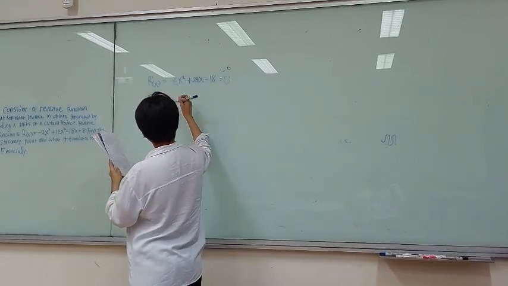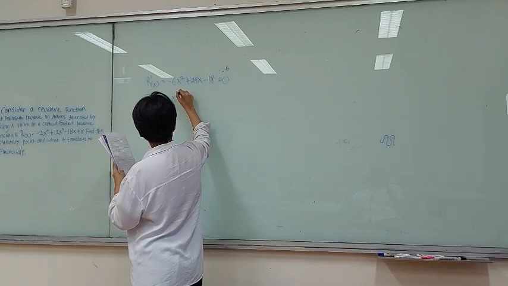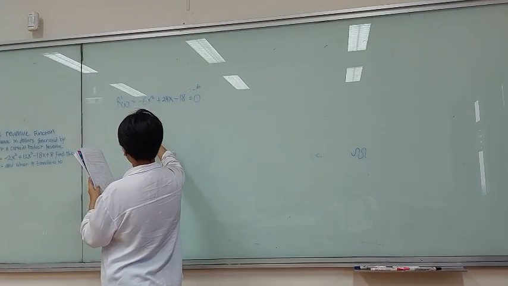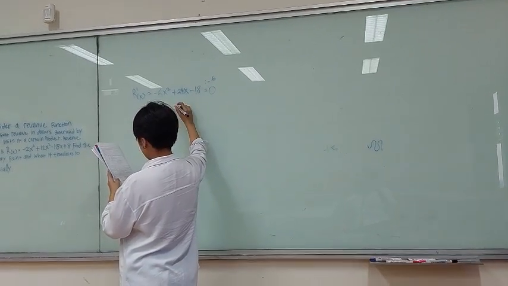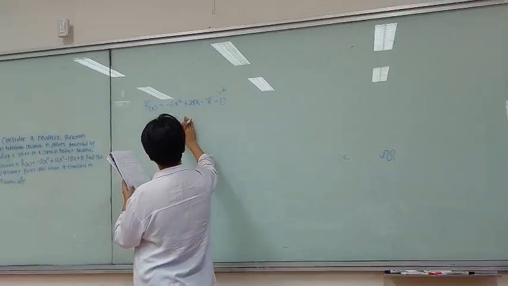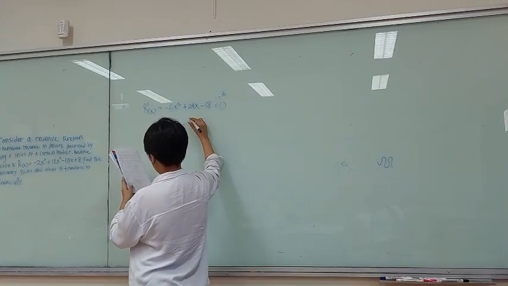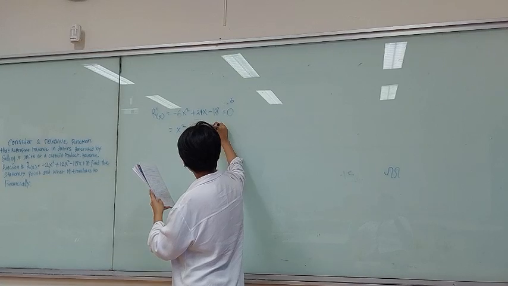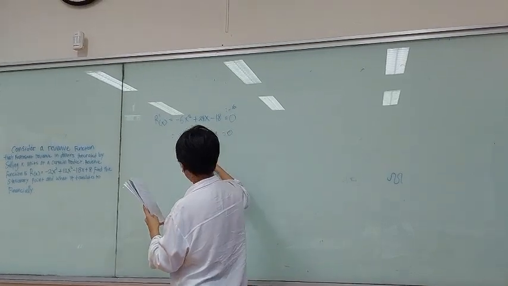After dividing it, we got x^2 - 4x + 3 = 0.